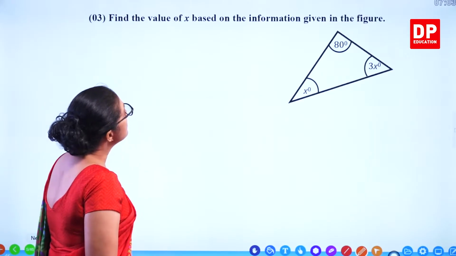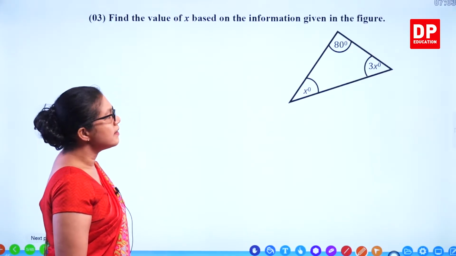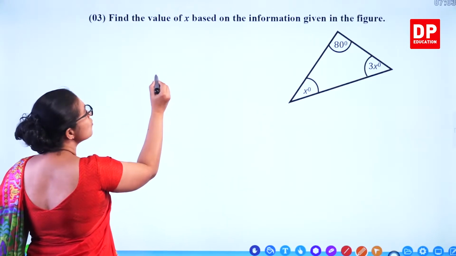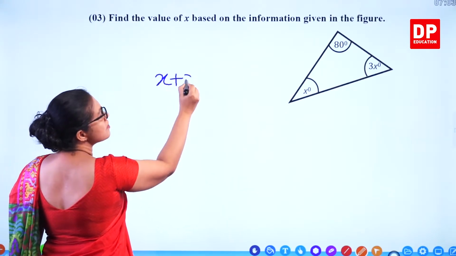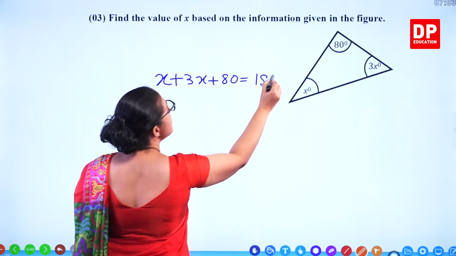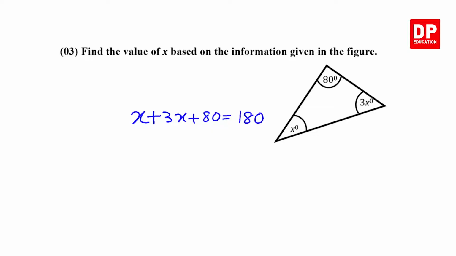Find the value of x based on the information given in the figure. This is a triangle. The sum of angles in a triangle is 180. So just add x plus 3x plus 80 is 180. Take 80 to the other side, and x plus 3x becomes 4x. 180 minus 80, you get 100.